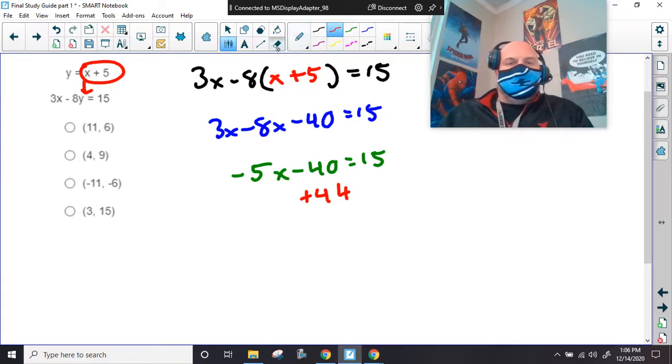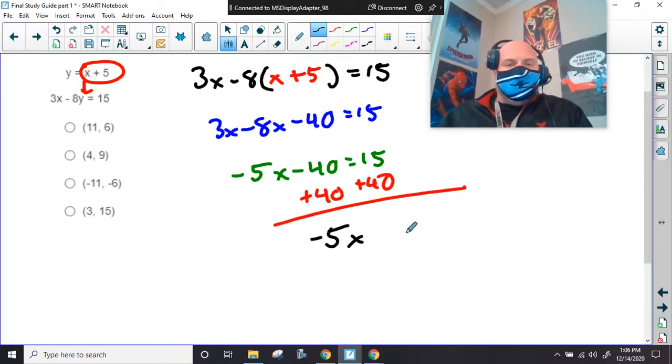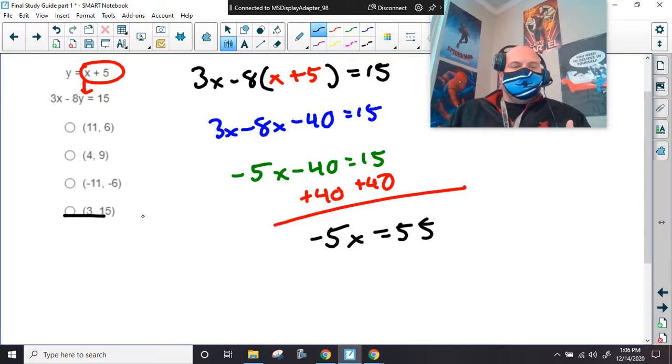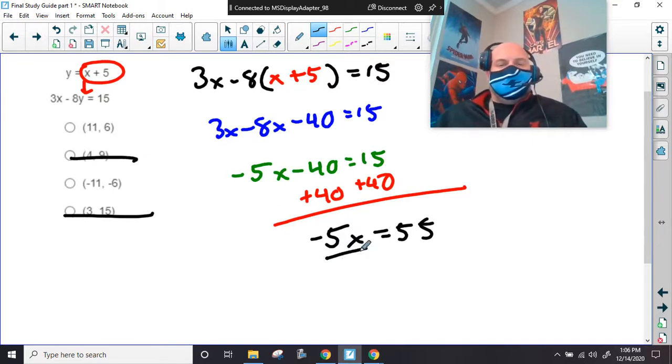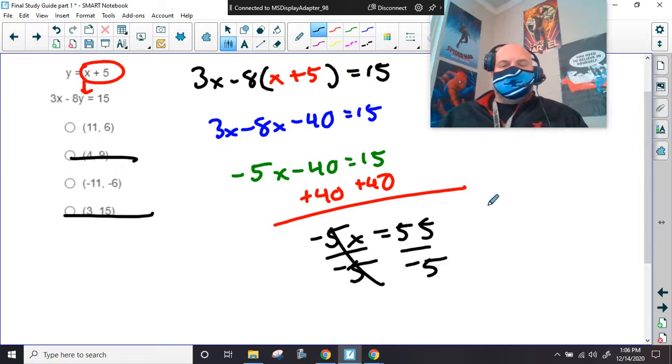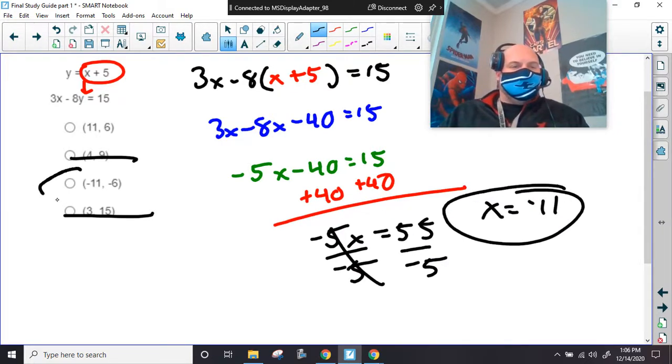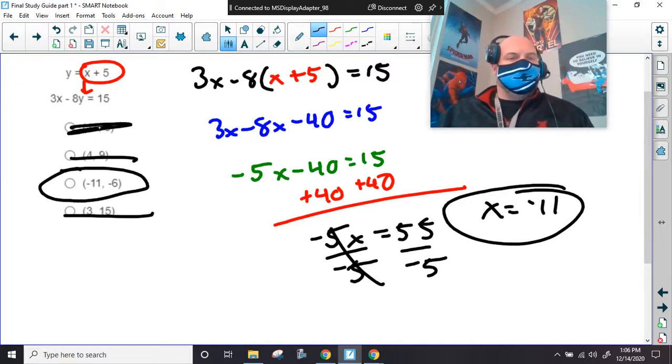When we get right here, we get negative 5x equals 55. We know it's going to be an 11, so these two are out. And if we divide this right here, I actually get negative 11. So this is how I know my right answer.